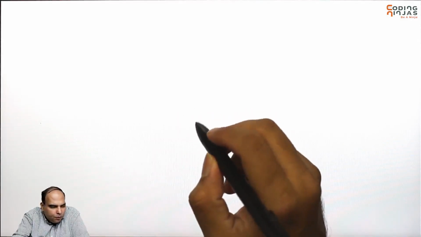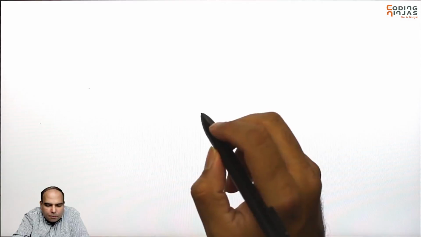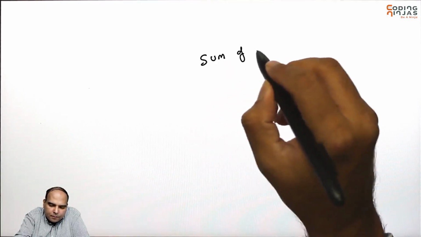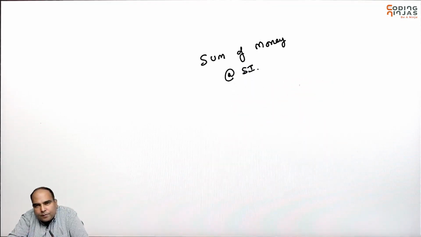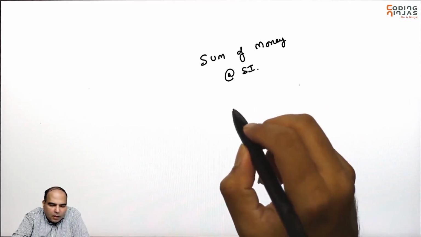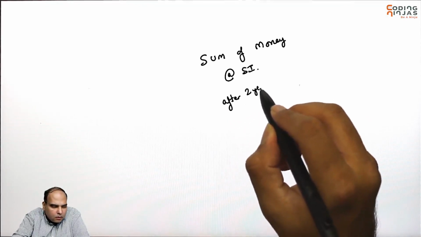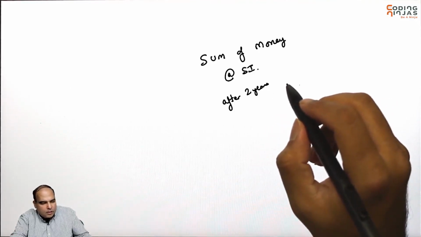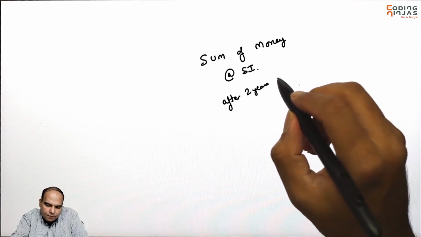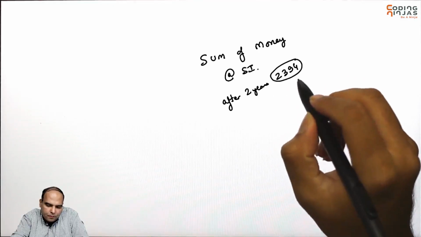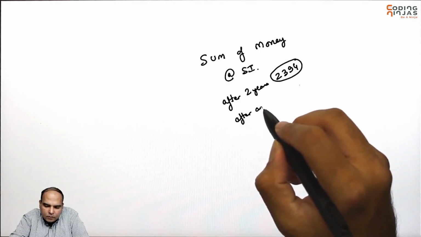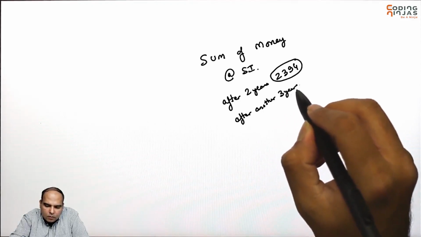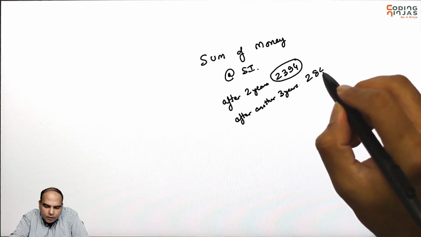So if I give you a question that a sum of money is lent out at simple interest, and I'm not giving you the rate, and I'm not even giving you this sum of money, but what I tell you is that the sum of money after 2 years is 2394, and after 5 years, or after another 3 years, is 2835.